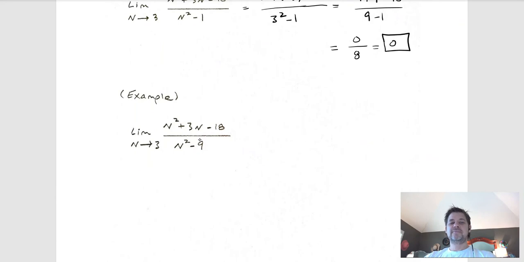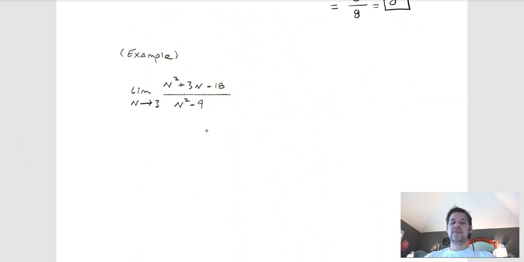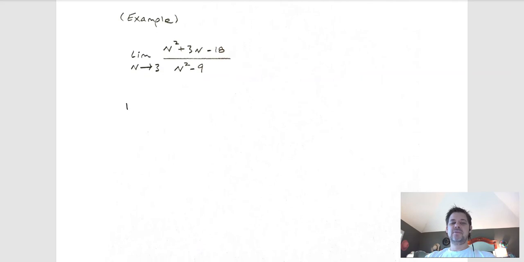Here's another example. It says the limit as n approaches 3, n squared plus 3n minus 18 over n squared minus 9. So let's try the plug-in approach. So let's see. If I plug in 3, I'll get 3 squared plus 3 times 3 minus 18.